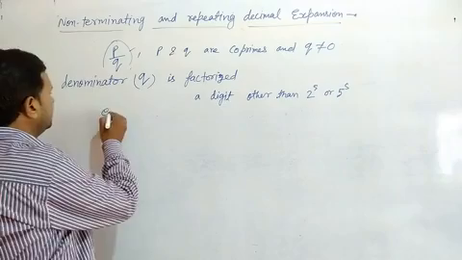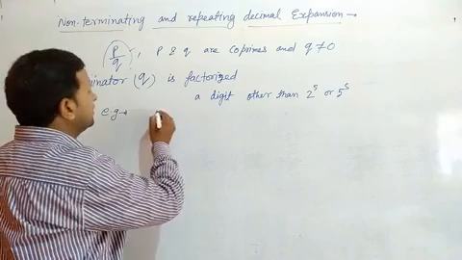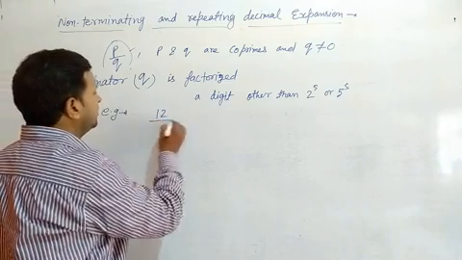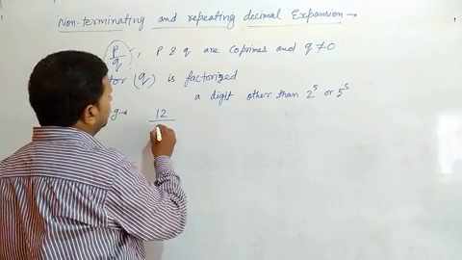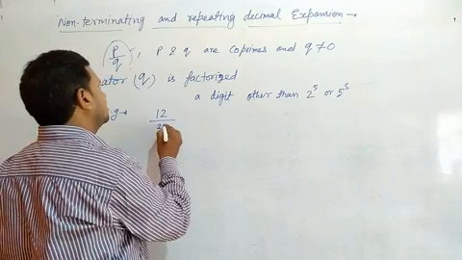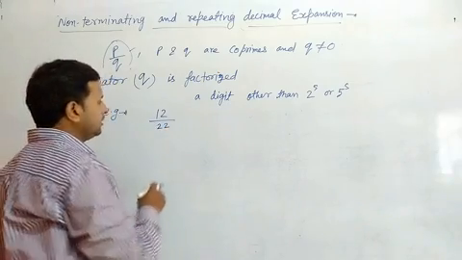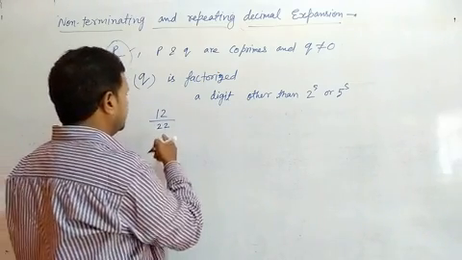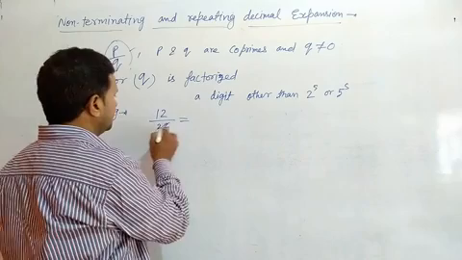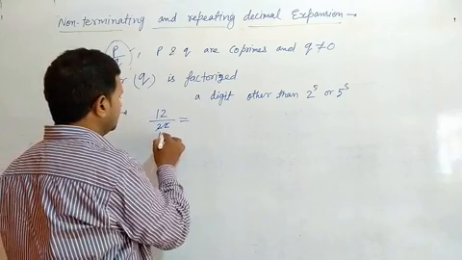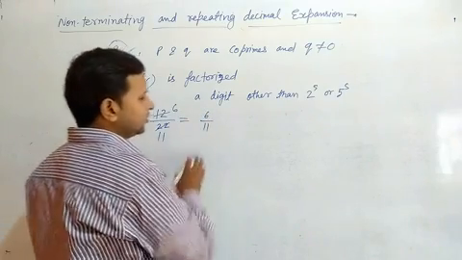For example, see here, suppose we have the given number 12 upon 22. When we convert it into simplest form, 2 ones are 2, 2 sixes are 12, means 6 upon 11. This is the simplest form.